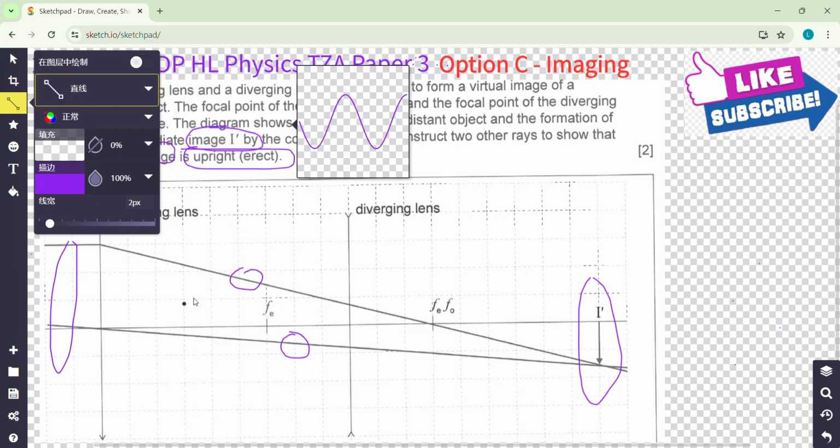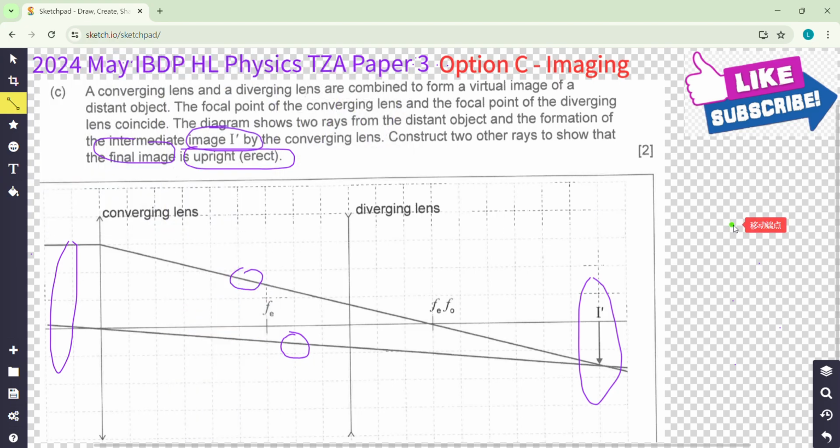One is easy, one is hard. For this one, it passes through the focus. Remember diverging lens, so pass through focus, parallel out. So we go parallel out, right? Easy.